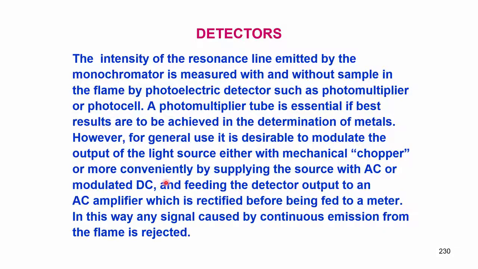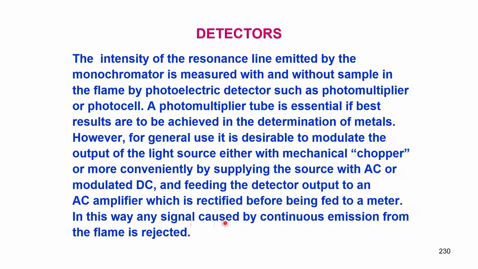For general use, it is desirable to modulate the output of the light source by putting a chopping mirror with a mechanical chopper, or more conveniently by supplying the source with AC. This also we have discussed earlier, or we can use even a modulated DC and feed the detector output to an AC amplifier, which is rectified before being fed to a meter.